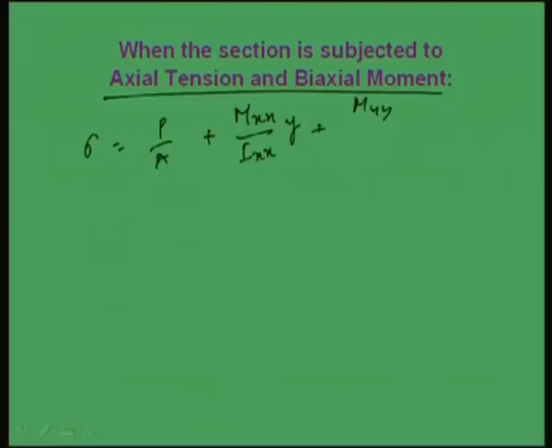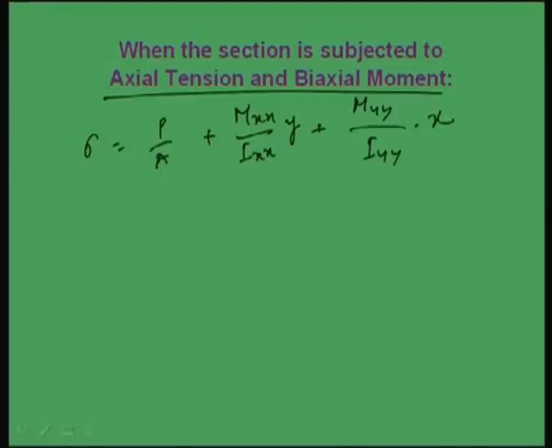Now when the section is subjected to axial tension and biaxial moment, what will happen? So sigma can be written as P by A plus Mxx by Ixx into y plus Myy by Iyy into x, right.